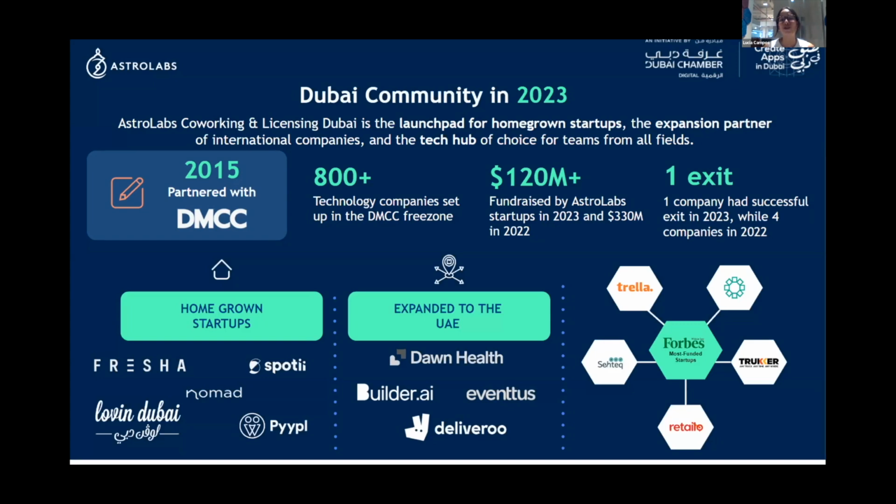We've had over $450 million in funding in the past 2 years, with five companies with successful exits in the past 2 years. You'll be familiar with some big names here, especially Builder.ai, that was part of the App Olympics initiative to help the winners build their apps, as well as some big names like Fresha, Deliveroo, and Trucker.